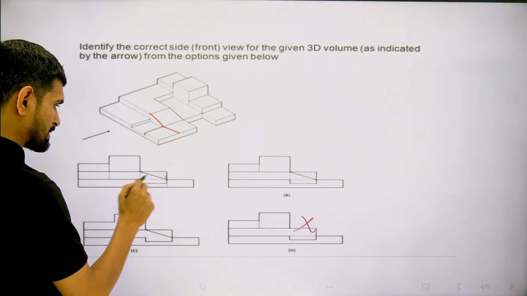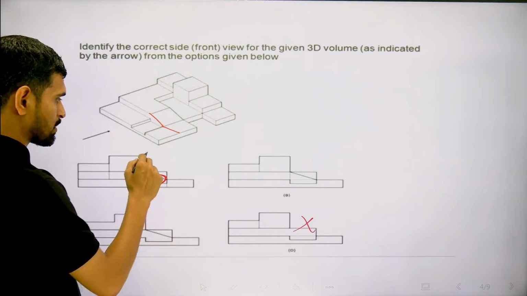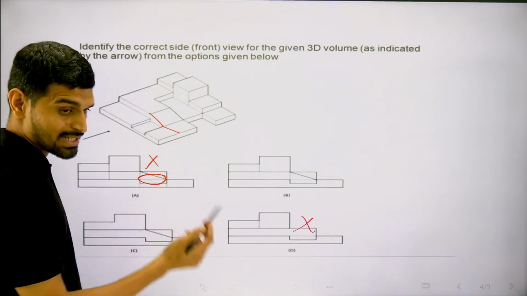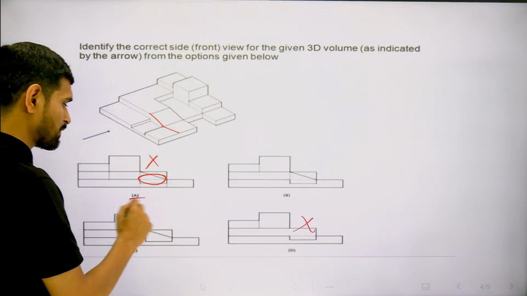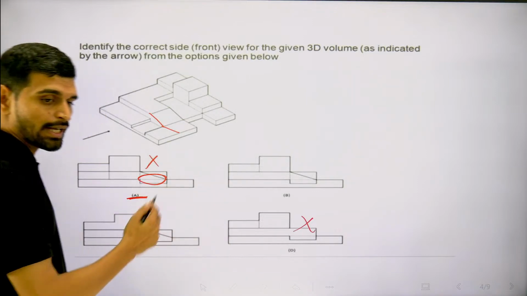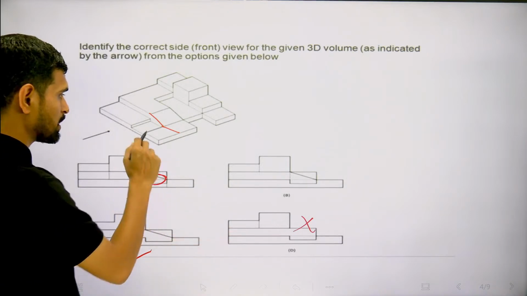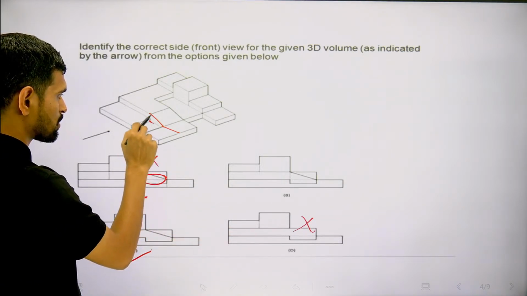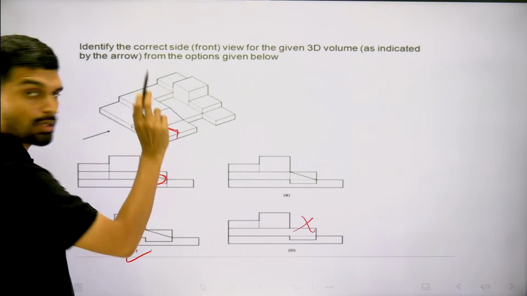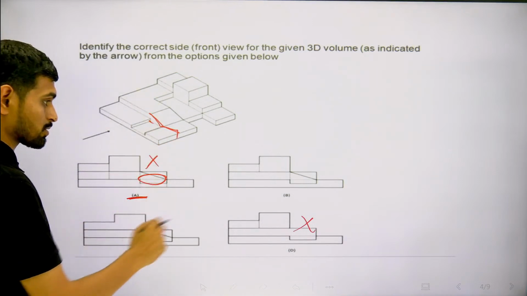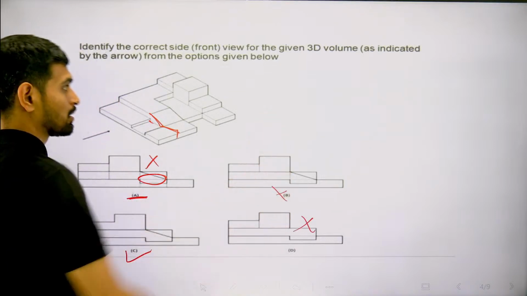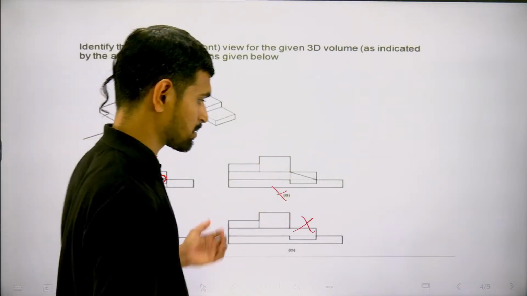Because of this line existing, this option is eliminated. In our last video, perhaps I mentioned this, and that should not be the answer. The answer should be option B. There will be this shape, right? So that makes the answer option C.